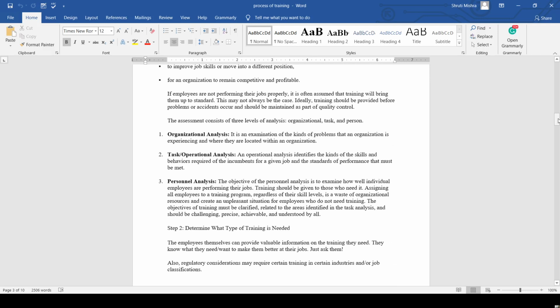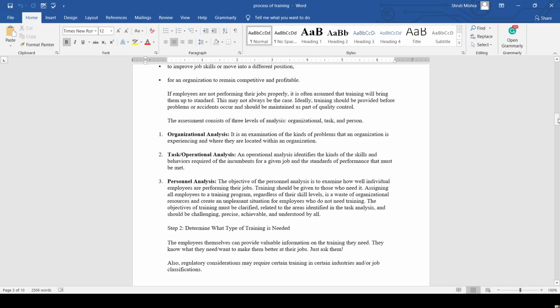The first one is the organizational analysis. It is the examination of the kinds of problems that an organization is experiencing, and where within the organization they are located. The second is the task or operational analysis, which identifies the kinds of skills and behaviors required of the incumbents for a given job, and the standard of performance that must be met.